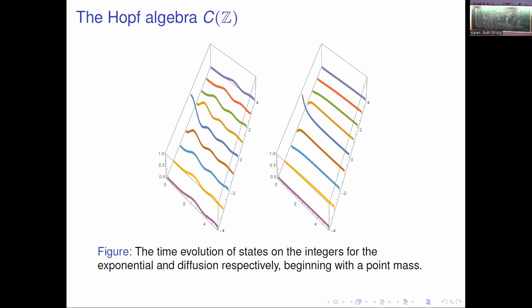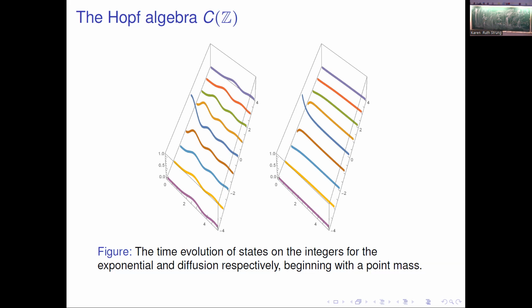They're both time evolutions of states on the integers. The second one is rather more known. It's just the standard Laplacian divergence. Well, it's the heat flow for the standard Laplacian.